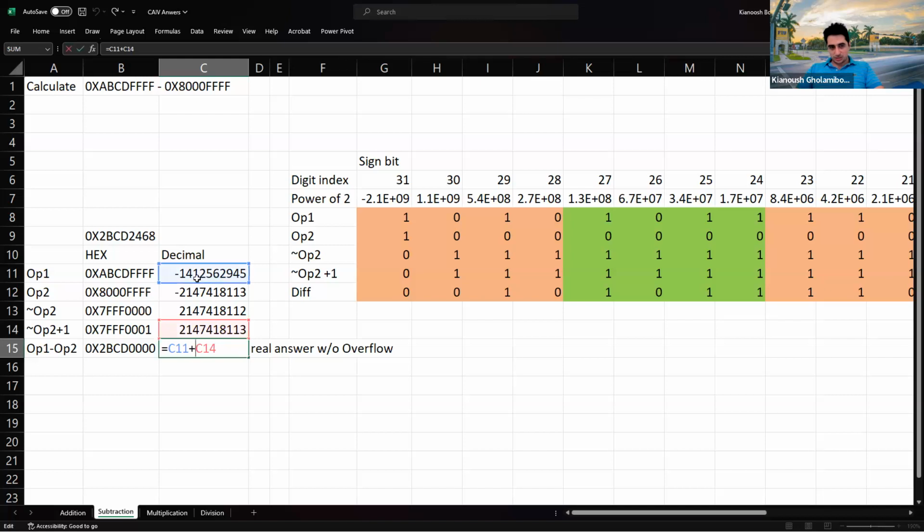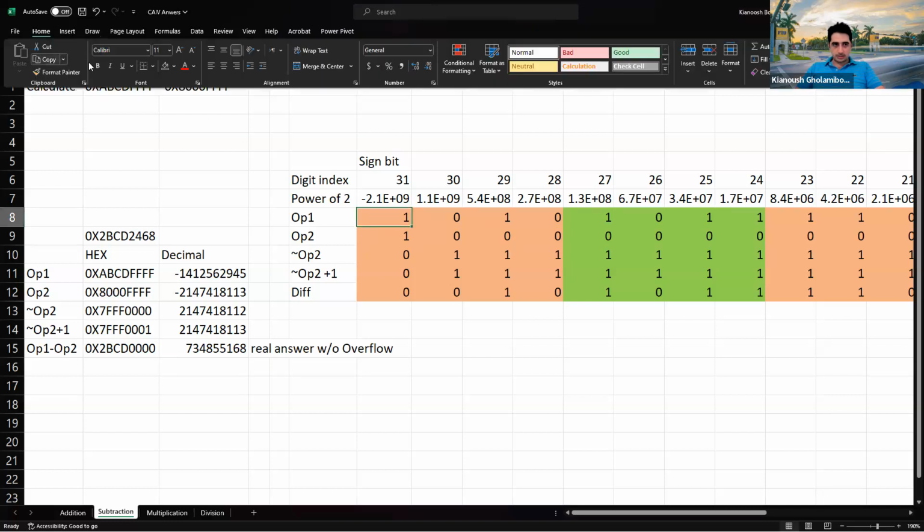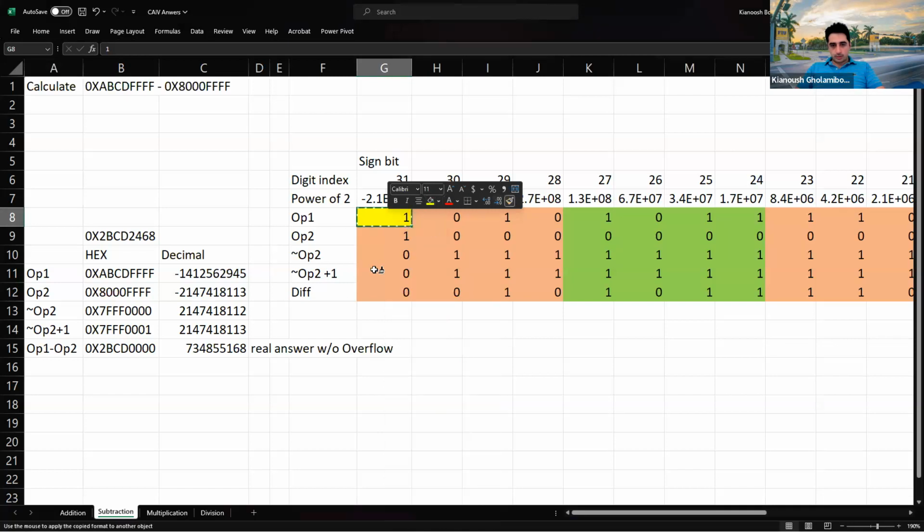So this is basically the addition of these two, and the answer would be 734 million something. So this is not an overflow. Why is it not an overflow? Because you're basically adding op 1, which is negative, and the 2's complement of op 2, which is positive, and the sum of a positive and negative number never will be an overflow.